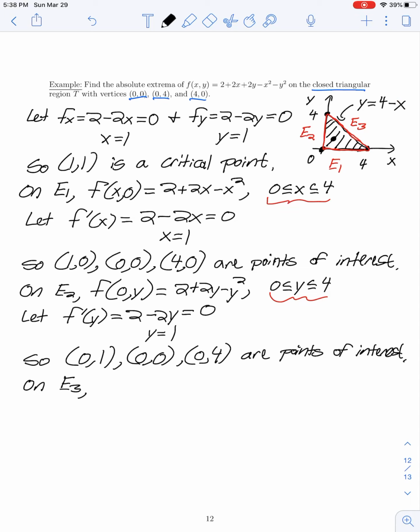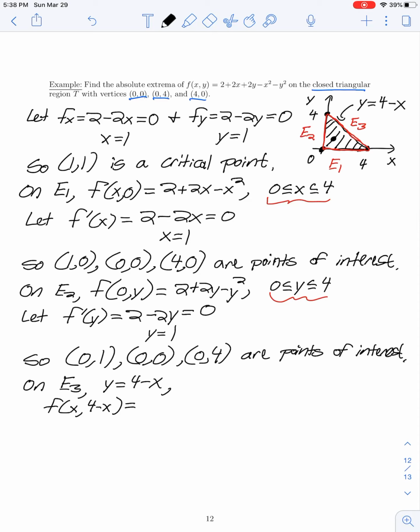So this is a line which has a y-intercept of positive 4 and a slope of negative 1. That is the line 4 minus x. So on that third edge, our points are defined as lying on the line y equals 4 minus x.